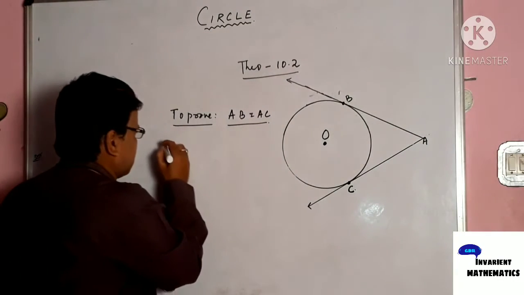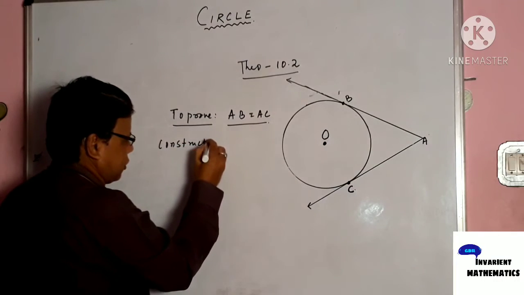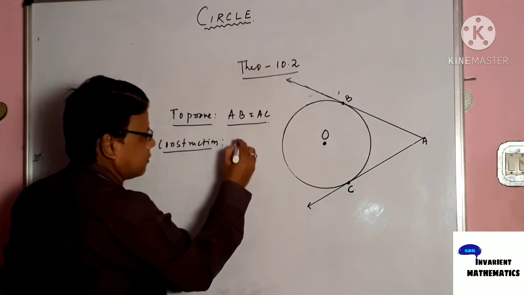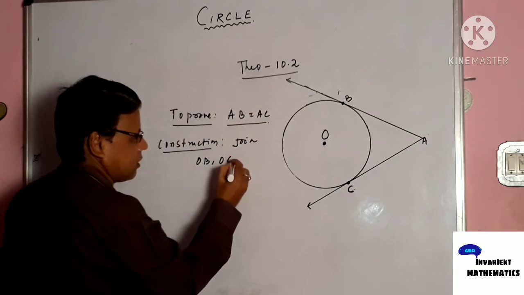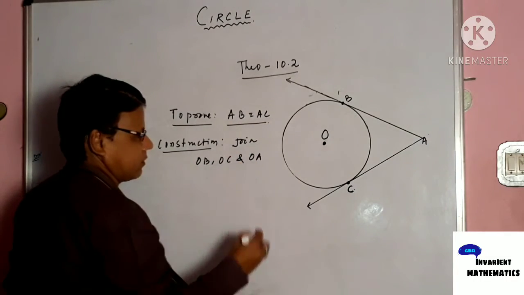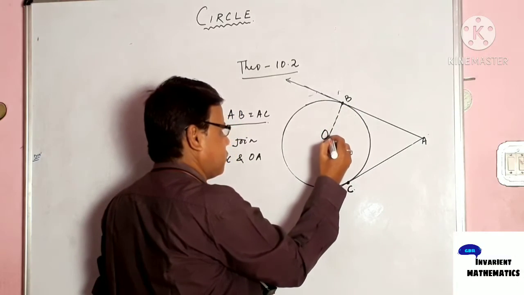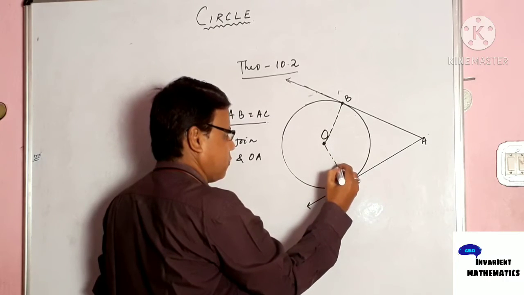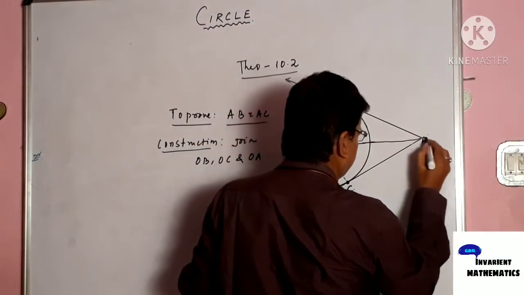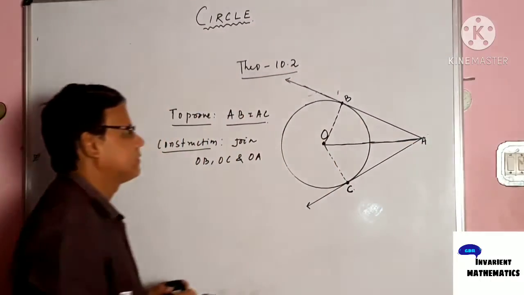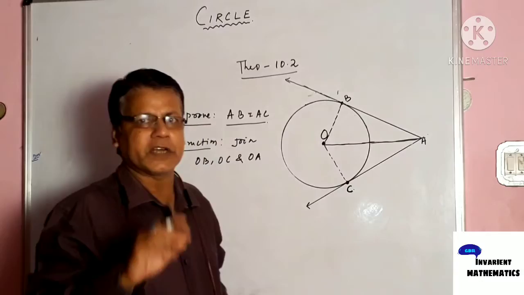Now construction: join OB, OC and OA. After joining OB, OC and OA, we get two triangles.